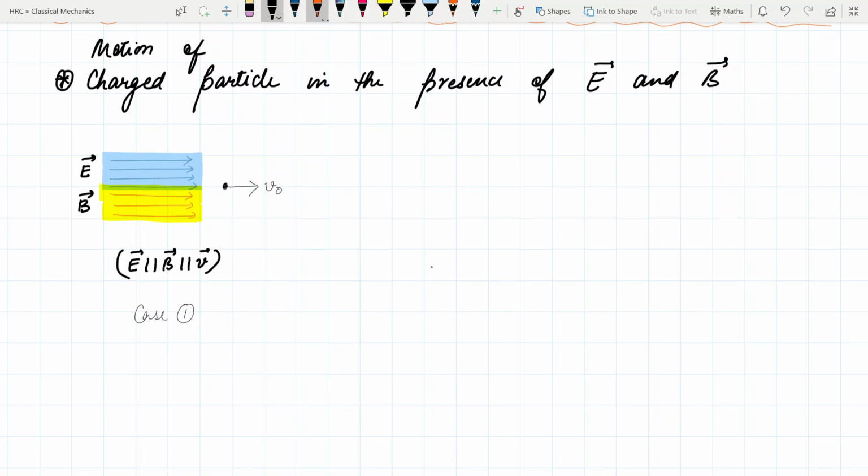Okay, now case number 2. Case number 2 is when there is no electric field, when there is only magnetic field, and the magnetic field is perpendicular to the velocity.